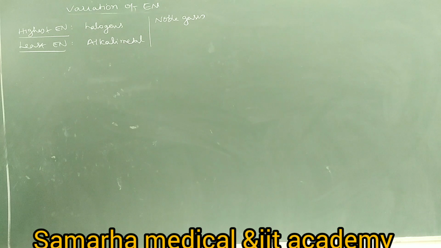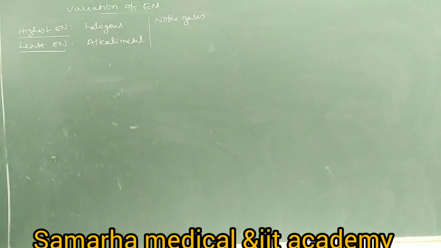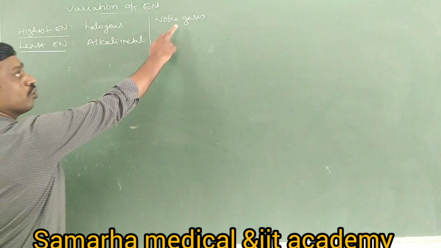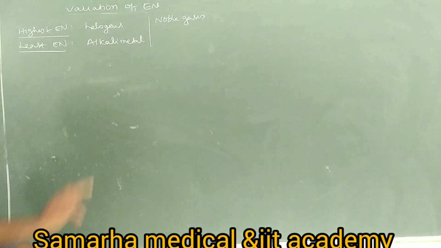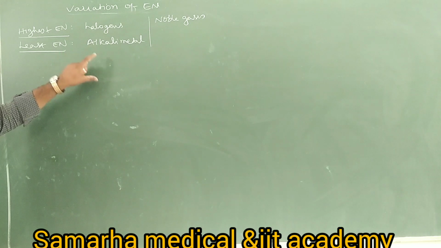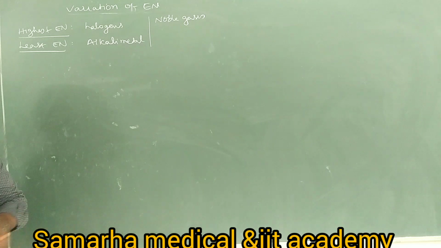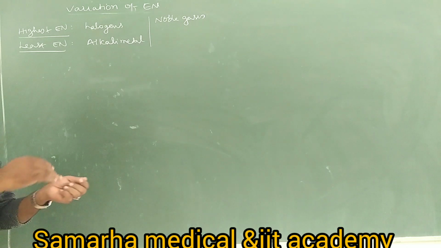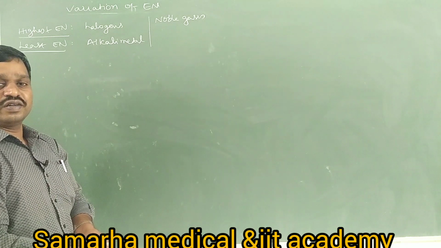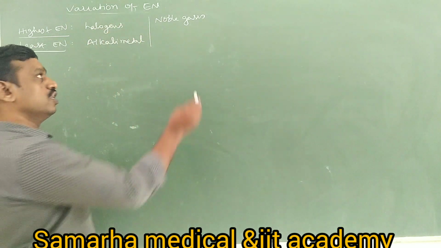If the question asks which of the following group elements has the least electronegativity, not noble gases. We should say alkali metals. Then what about noble gases? They do not have any tendency to attract electrons. Where is the question of least or highest? That means least and highest do not come in the case of noble gases.